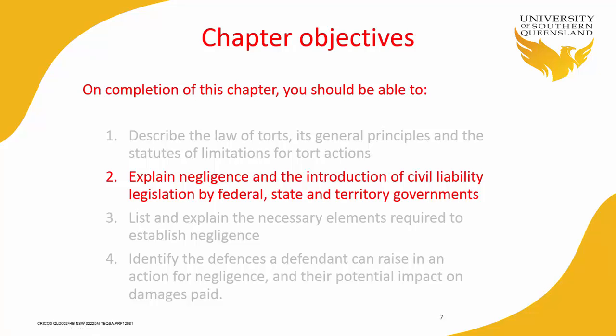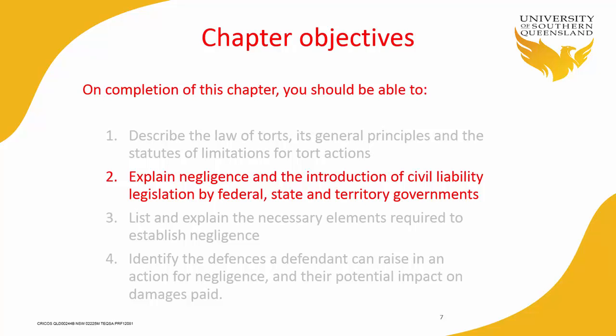Let's move on to our second learning objective, which asks us to explain negligence and the introduction of civil liability legislation by federal, state, and territory governments. One thing I want to point out before we move on to this second objective is what you have on page 120, which talks about the time periods for tort actions.